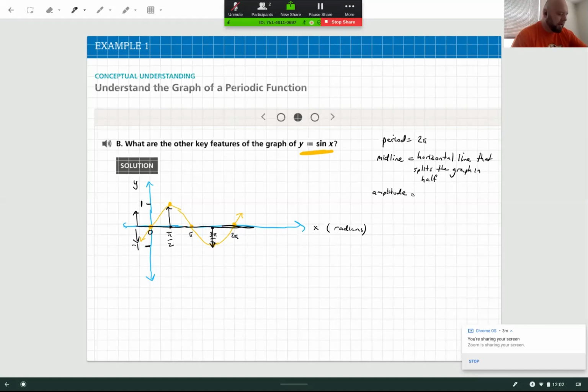So for this one, we have an amplitude of 1, but in general, the amplitude is how high or low the graph goes relative to the midline.